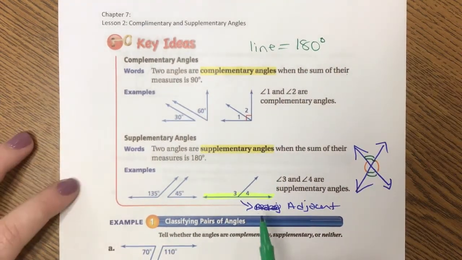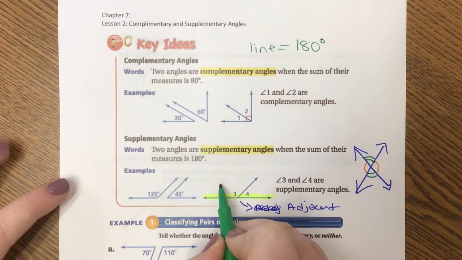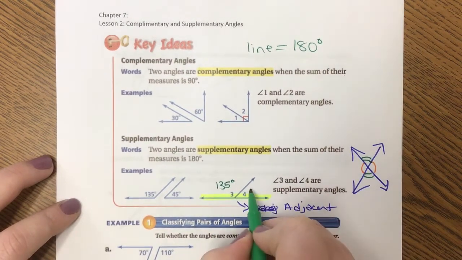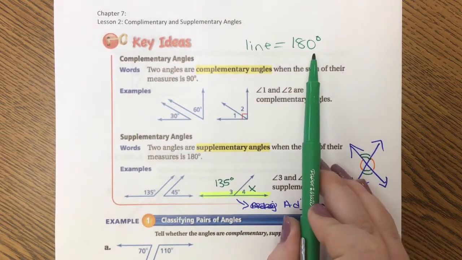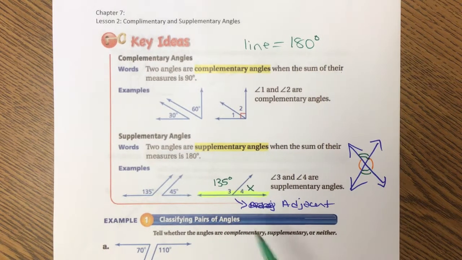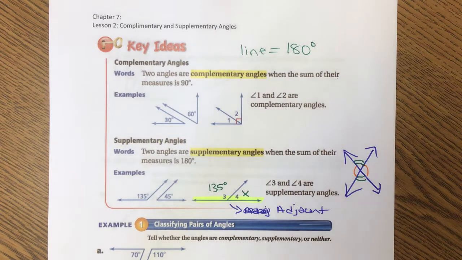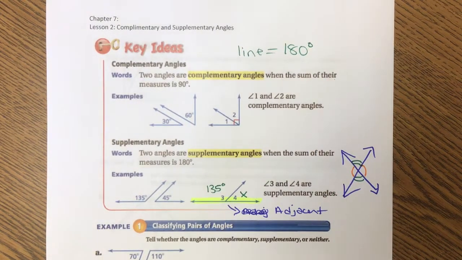So that means, for instance, if we knew that this obtuse angle right here was 135, and they didn't give us the second angle, if they told us that this was x, we would be able to solve for that by subtracting from 180, because we know that together they have to equal 180 because together they make a line. So we have 180 minus 135, and that would get us to our 45-degree angle. So that's just a little review about introduction to angles that we talked about yesterday. So adjacent angle versus vertical angles.